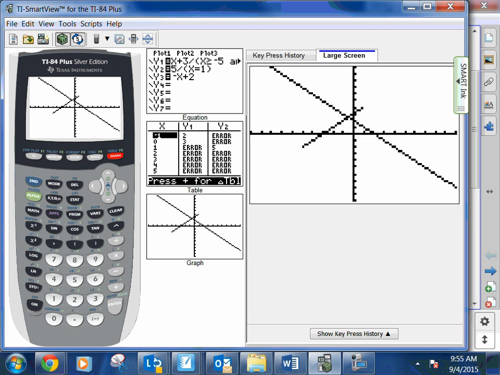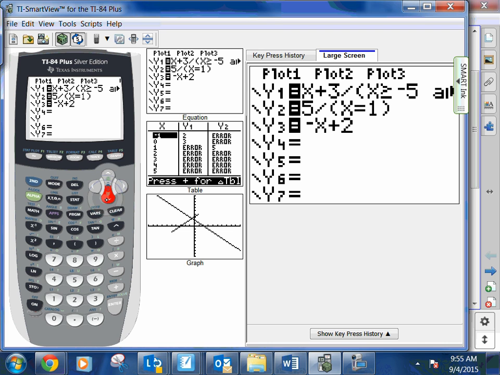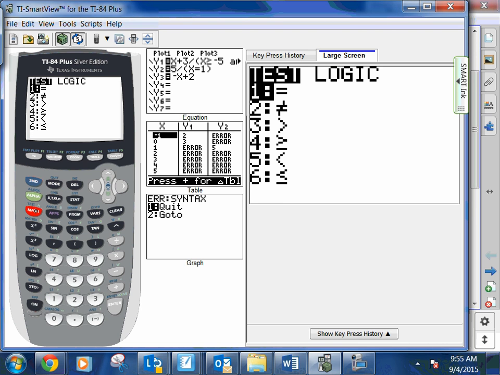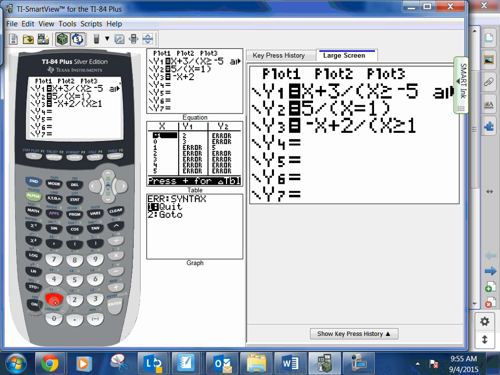But in our case, we're going to tell this line it only exists where x is greater than or equal to 1. So that means it's going to be number 4, greater than or equal to 1.